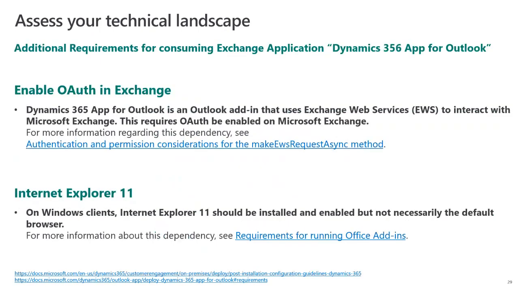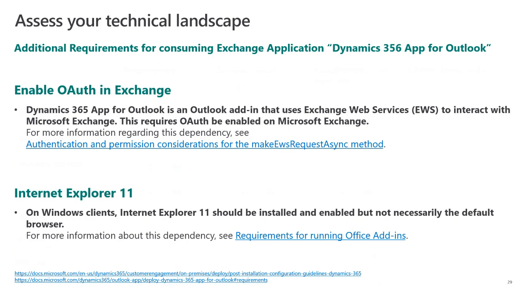For some additional requirements for consuming Exchange application, you need to enable OAuth authentication in Exchange, and also you need to make sure that Internet Explorer 11 is installed. It doesn't need to be the default browser, of course, but it needs to be installed.